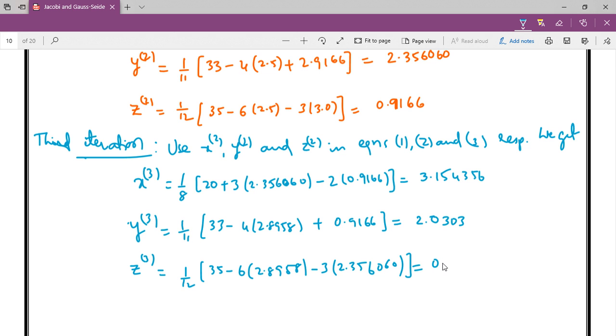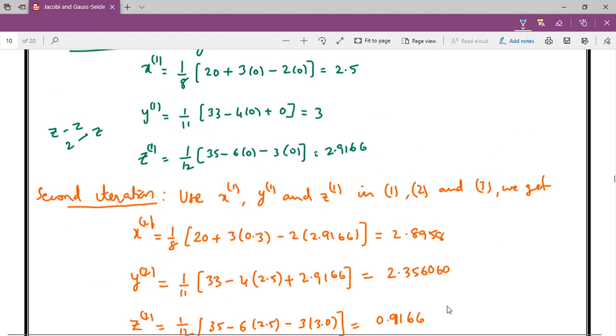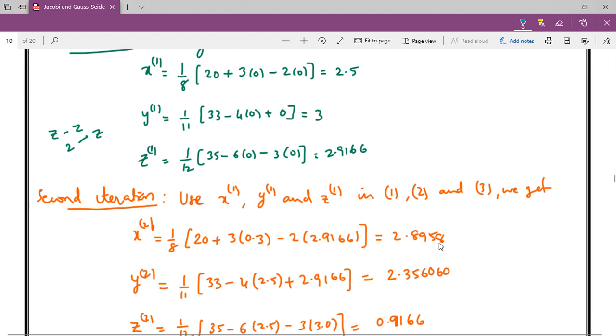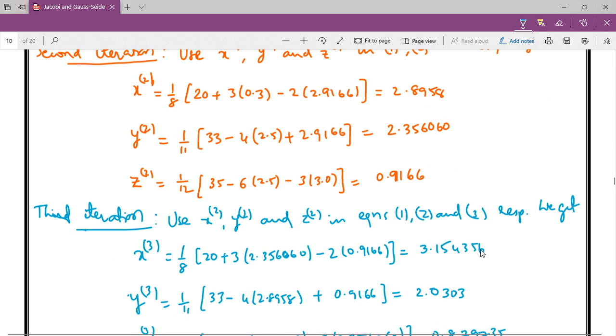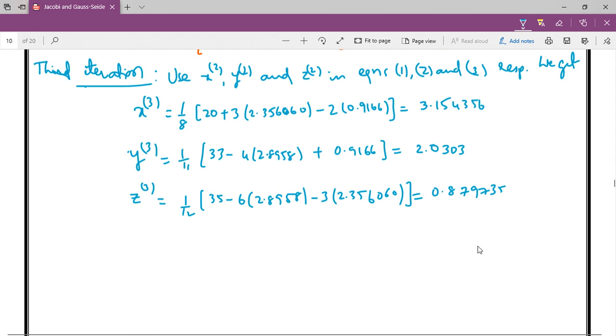So this gives 0.879735. Now we have obtained 3 iterations, but the root has not yet converged. The x values 2.5, 2.89 and 3.15 show the root has not yet converged.